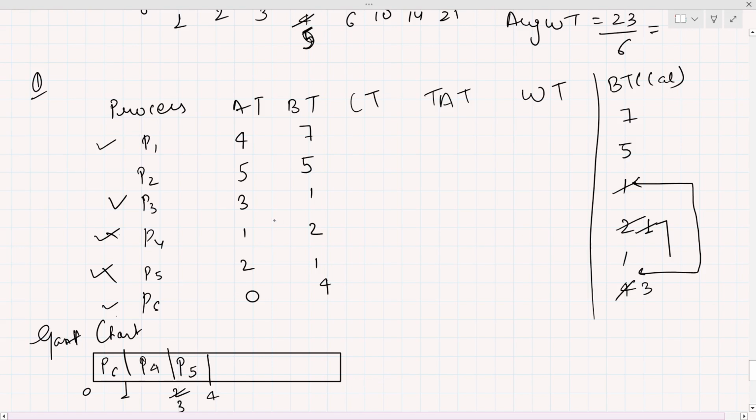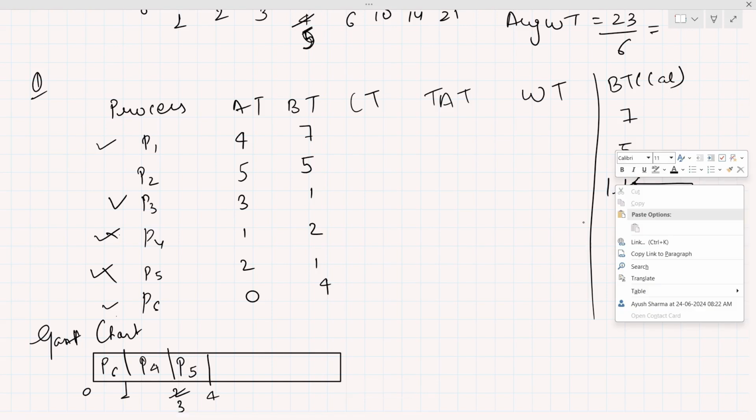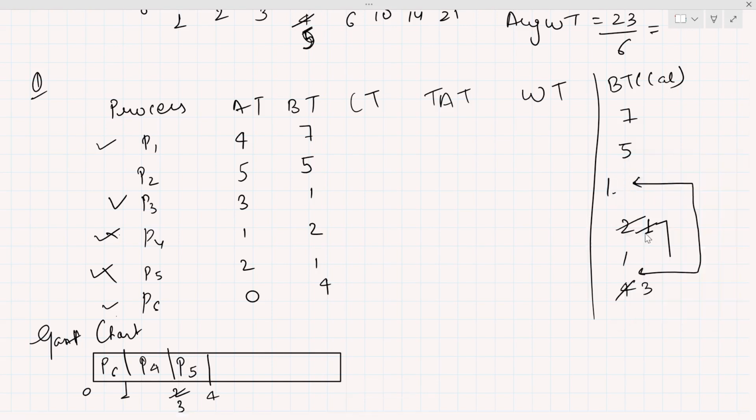Between these three processes, whichever has the smallest burst time will get the CPU. P3 has the smallest burst time, 1, so we execute P3. P3 gets the CPU till 5, meaning it executes only 1 because its burst time is 1, and at 5 we have one more process available, P2. So P3 is also executed.